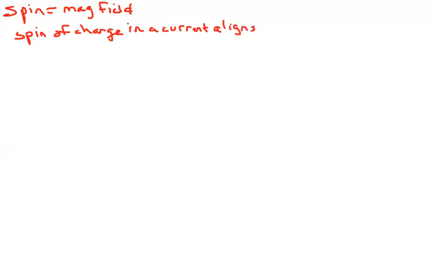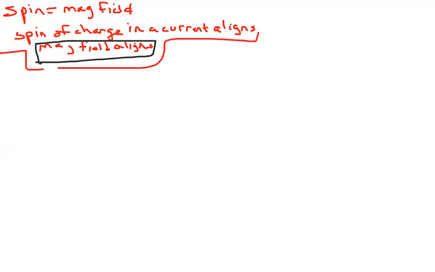Or remember, spin is mag field, so you can say mag field aligns. However you want to. It means the same thing, right? Mag field aligning, spin of charge aligning. It's all saying the same thing, but that has to stay in the back of your head as we work through this, because that's why this magnetic field exists in the first place, okay? We don't really relate back to it much. That's why I just wrote it at the top of the page so that we remember, but it's crucial.